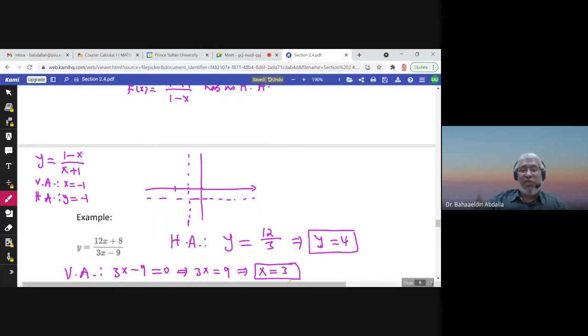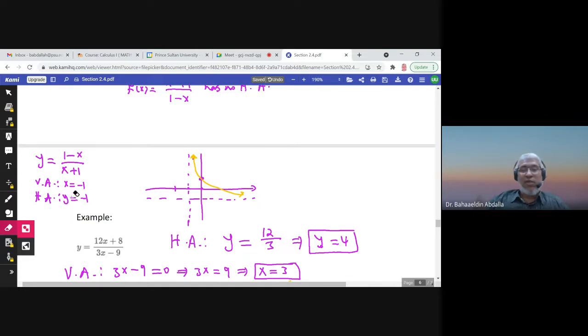If x is 0, I have 1. So here. So the graph passes by this point and it approaches the asymptotes. So the graph would be like this. It has to approach the asymptote and pass by this point. Okay. So this is the graph in this part.